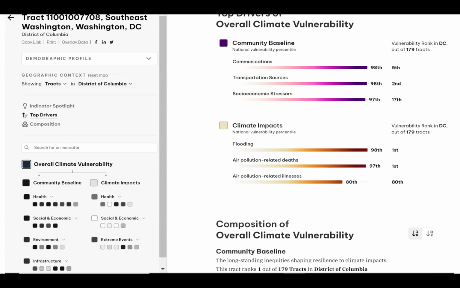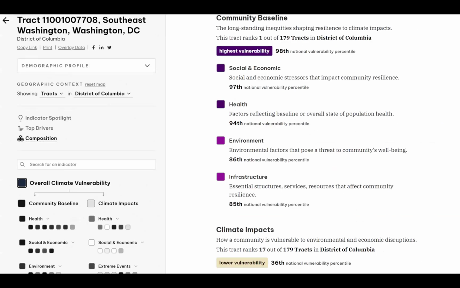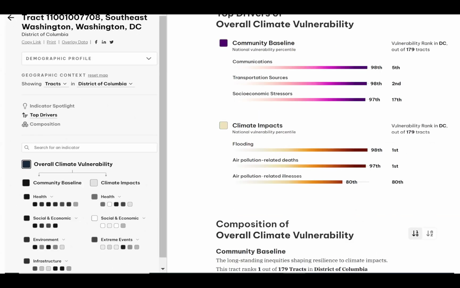When we see the Southeast Washington area, it ranks its transportation sources second, flooding related number 1, and air pollution related illness is relatively high.